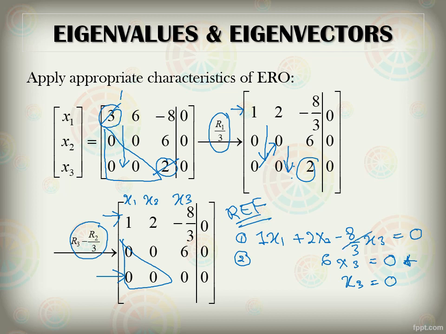So when x3 equals 0, from equation 1, what we have is x1 plus 2x2 equal to 0, where x1 is equal to minus 2x2.